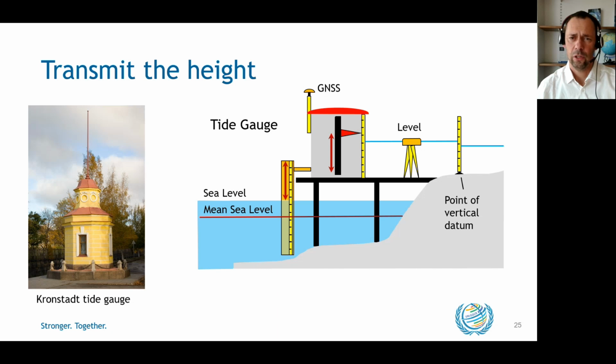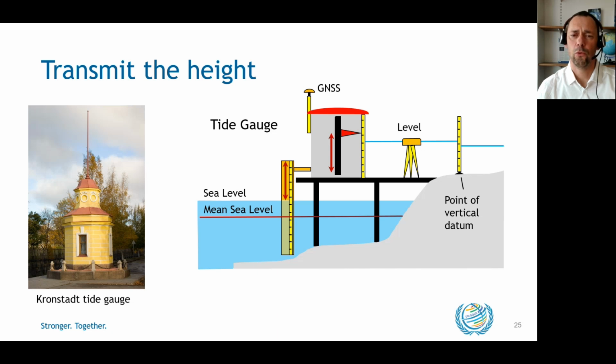As already mentioned, a vertical datum is defined by measuring the sea level at tide gauges. In the photo on the left, you see the historical tide gauge from Kronstadt. In the figure on the right, the principle of the tide gauge. By the tide gauge, the sea level movement is permanently monitored.